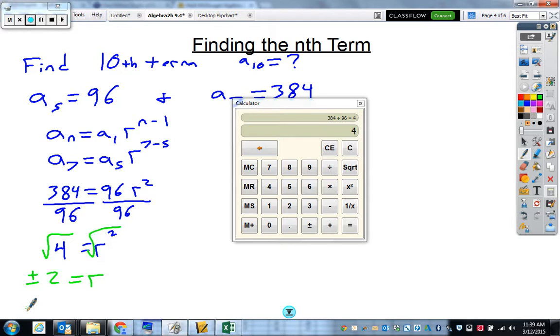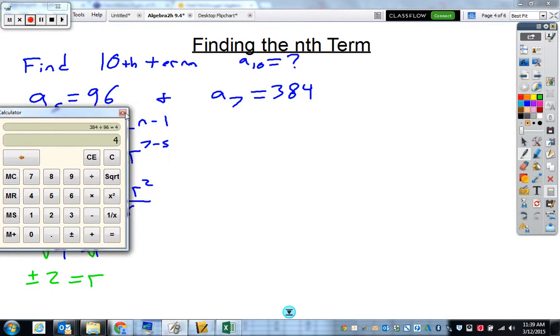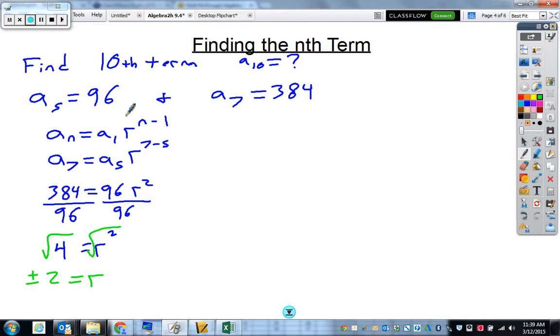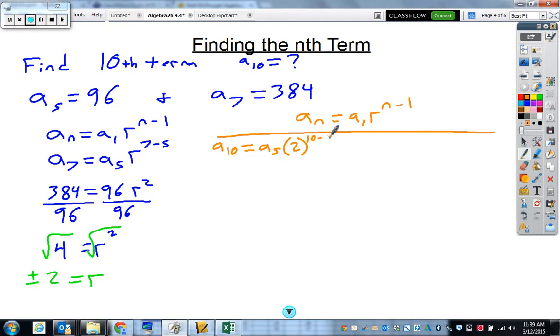So when I plug in, I'm actually going to plug in twice. We're trying to find the 10th term. So over here, let's say a sub n equals a sub 1, r to the n minus 1. That's the basic formula I'm using. I'm going to plug in a sub 10 equals, and I'll use a sub 5 times positive 2 to the 10 minus 5.